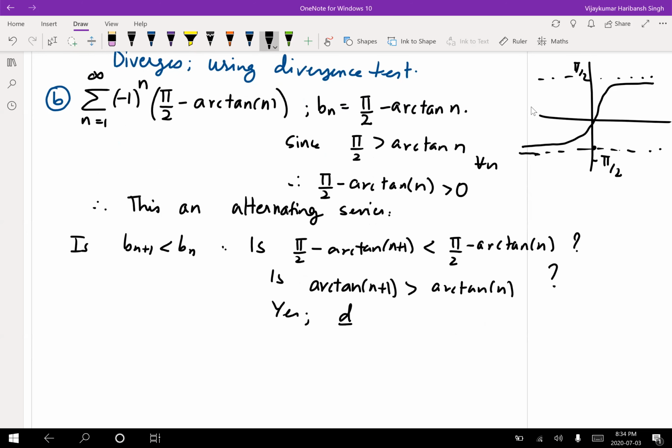Why? Because look at the derivative of arctan x. That is 1 upon 1 plus x squared. Now you'll say, well, so what about it? This is greater than 0, right? Therefore, arctan is an increasing function.